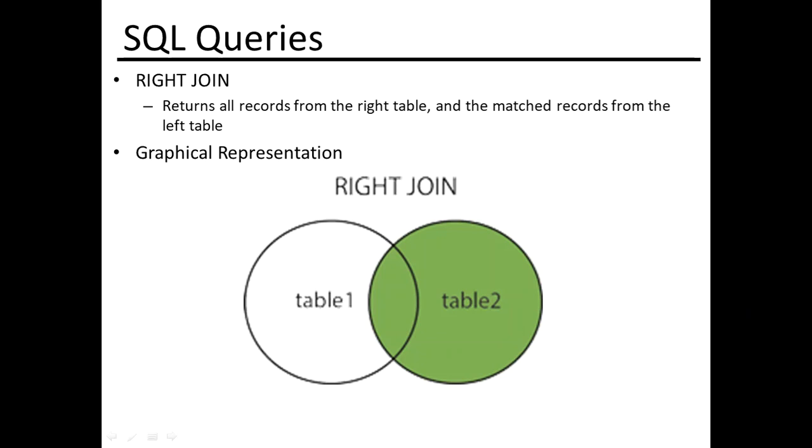This means all of table 2 is green, so table 2 records are selected compared with table 1. But if we have records in table 2 that are not available in table 1, it does not matter, all the records will be returned from table 2.